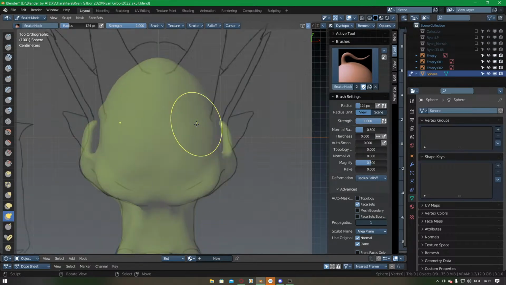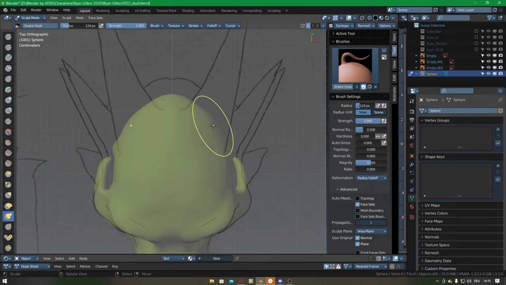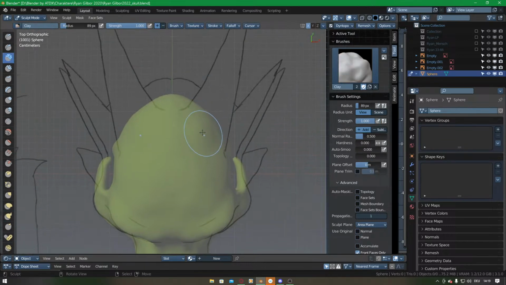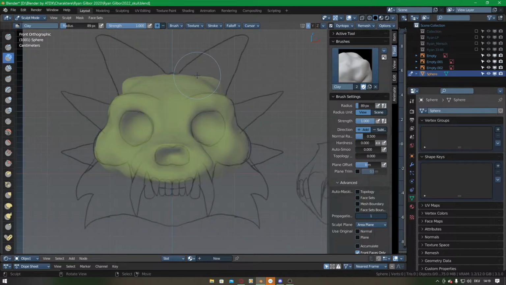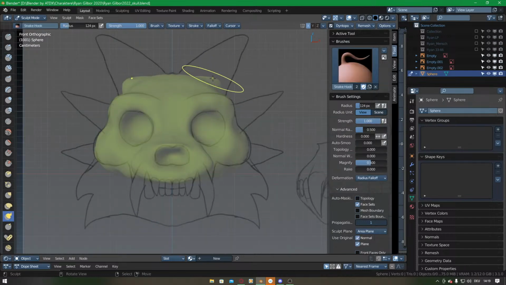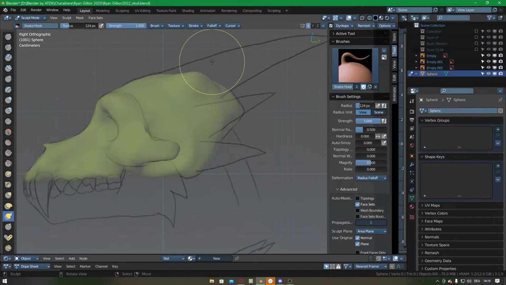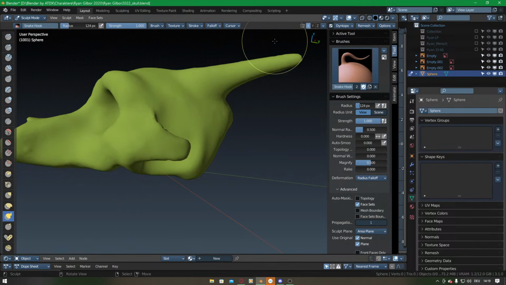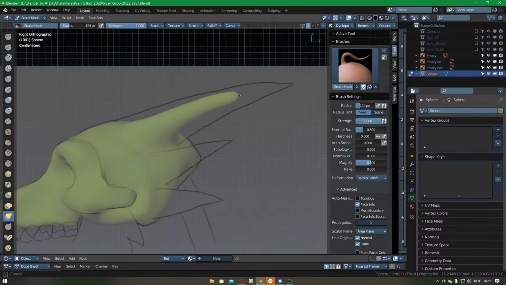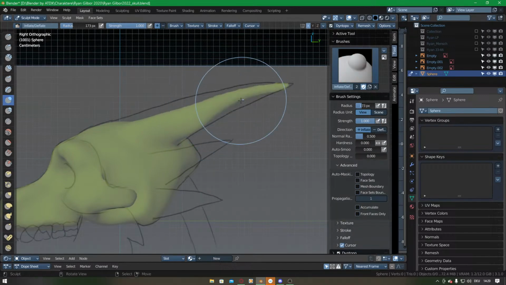Now obviously he needs his horns. Horns, horns, horns. Need to make sure they come out the right position. Oops, that was a little bit too fast.